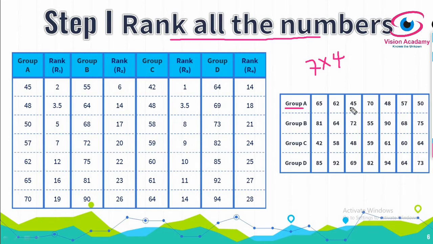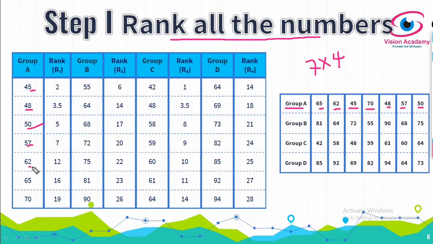So in group A, the first smallest element is 45, the second element is 48, the third element is 50, and the next element is 57. Thereafter 62, 65 and 70.